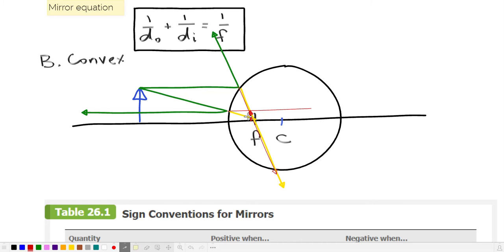Let's do one last check using the center of curvature. I know that if a ray comes in through the center of curvature, it's going to go straight back out through the center of curvature. And so that's a useful check to make sure that our image is in the right place.